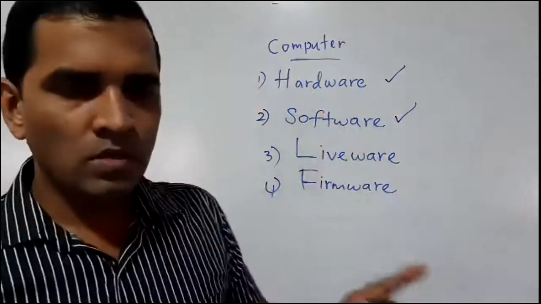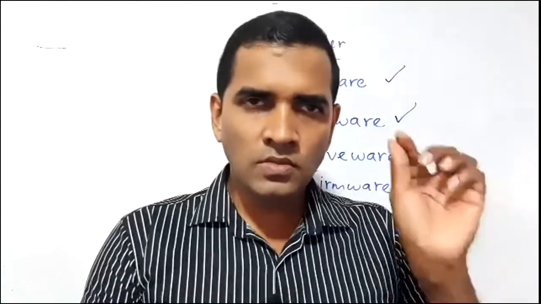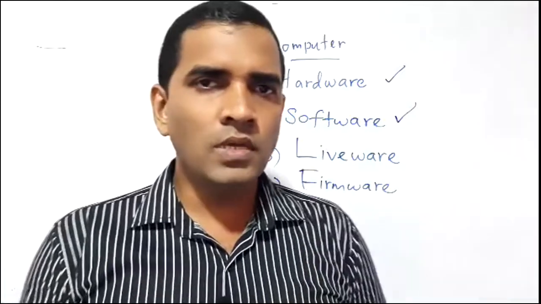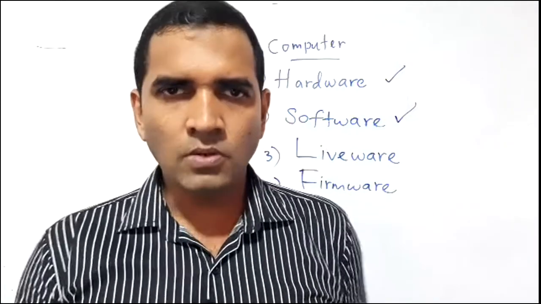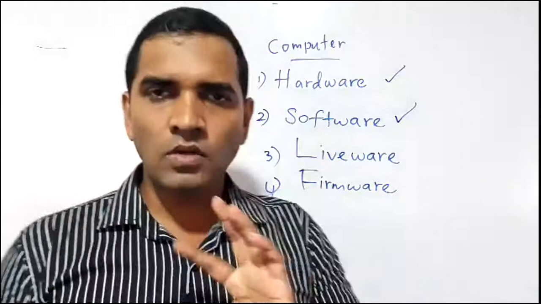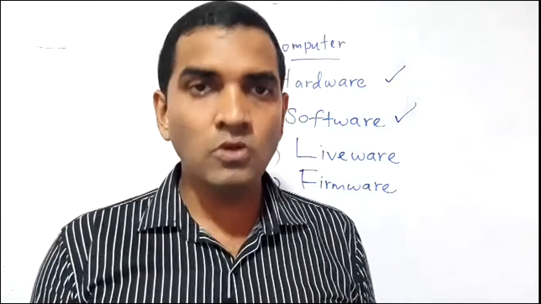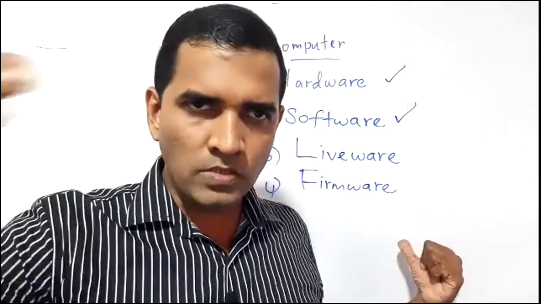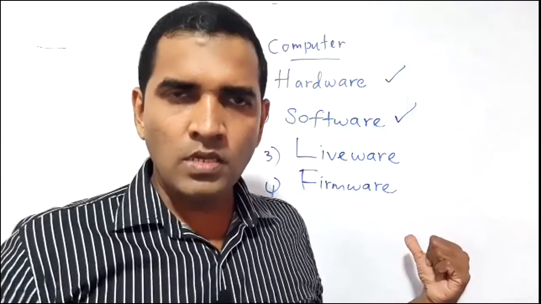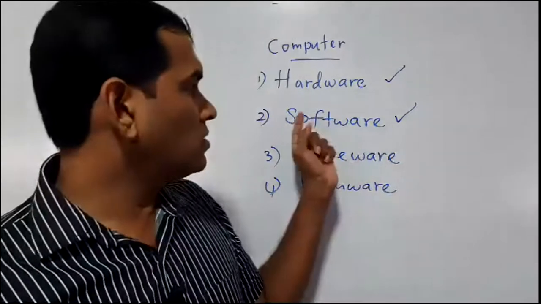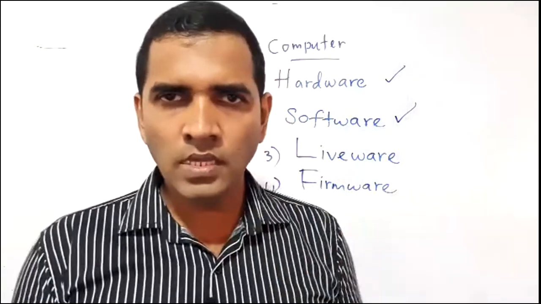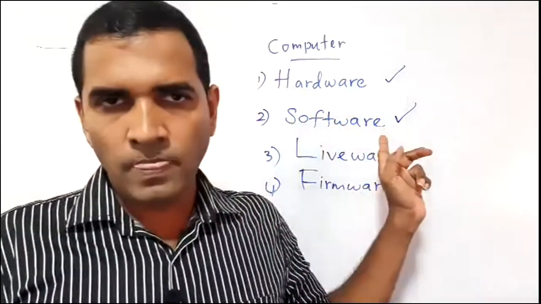Okay, so now you can understand, right? You can think about this. Without these 4, performing a task is impossible, because without firmware, the computer would not boot, would not start. So firmware is a must. Once the computer is booted, to do any task, you need software. It may be any task: designing photos, editing videos, playing games, any task, you need software.